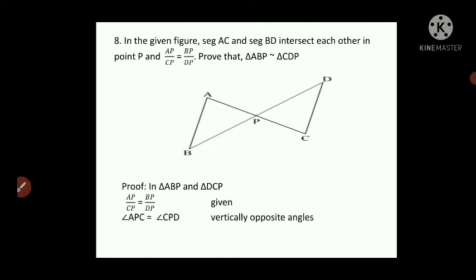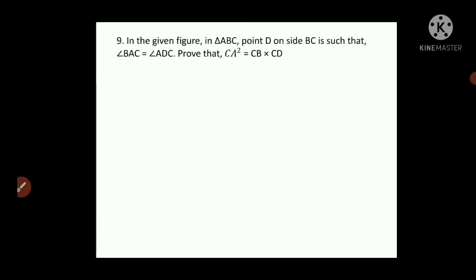So angle APB is equal to angle CPD. So by two sides and one included angle, by the SAS test of similarity we can say that triangle ABP is similar to triangle CDP.